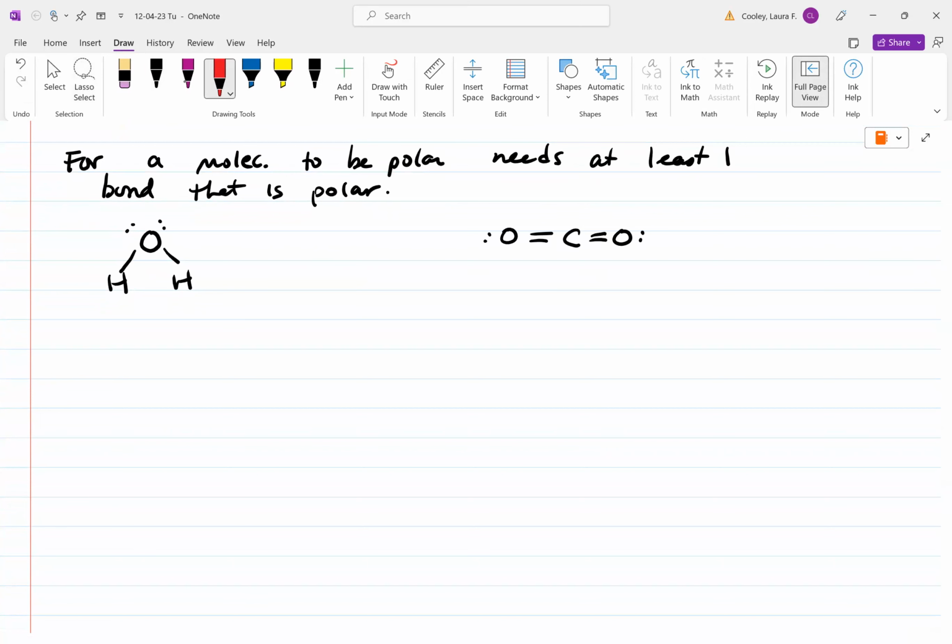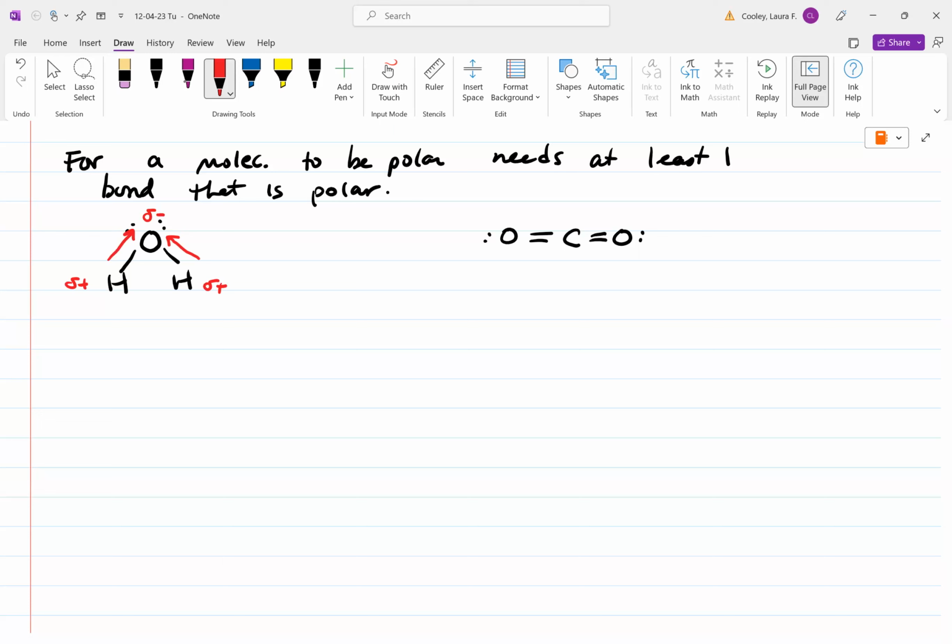I already talked about how there's a delta negative on the oxygen and delta positive on the hydrogens. And there's this dipole, this arrow that represents the charge difference between the two ends of this bond.